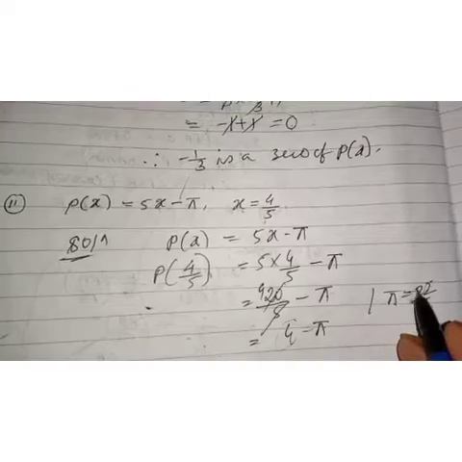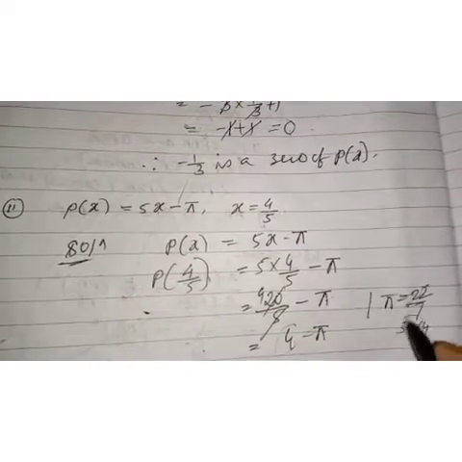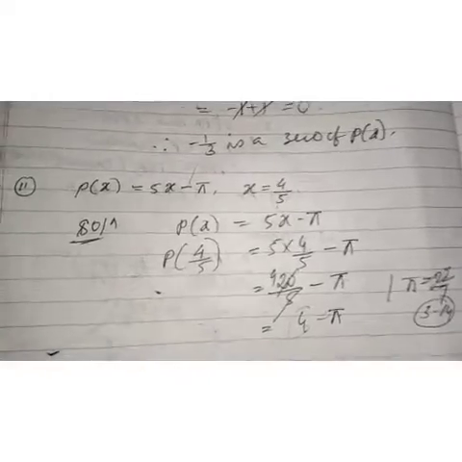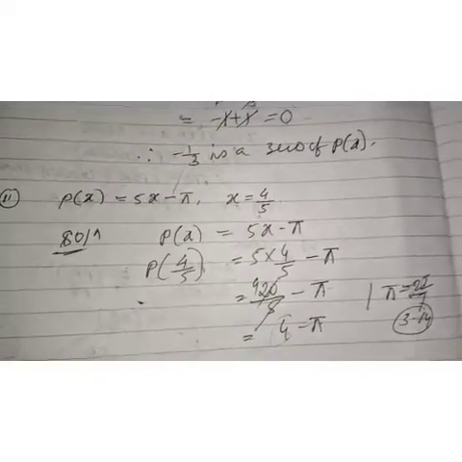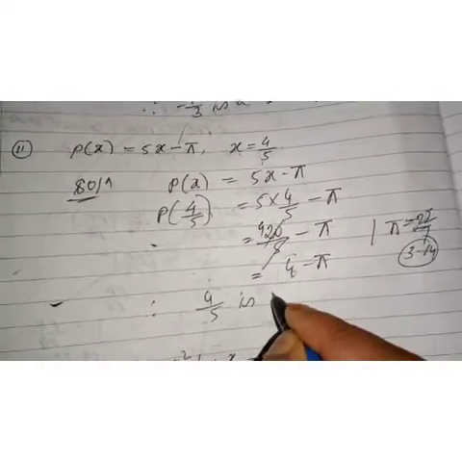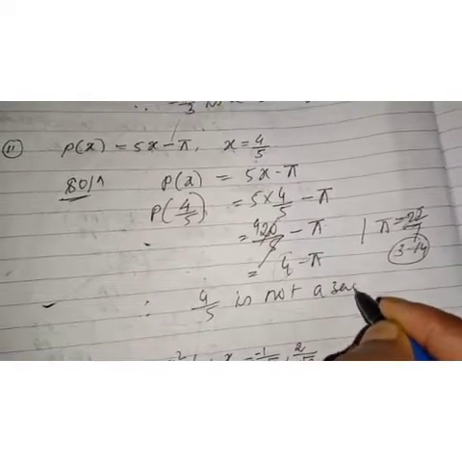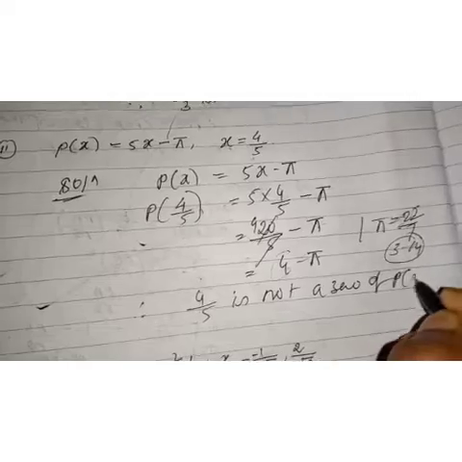If you replace pi by 22 by 7, then also you will not get 0. Or if you replace by 3.14, then also it will not. That means you will not get the result 0. That means 4 by 5 is not a zero of p(x). Therefore 4 by 5 is not a zero of p(x). Clear?